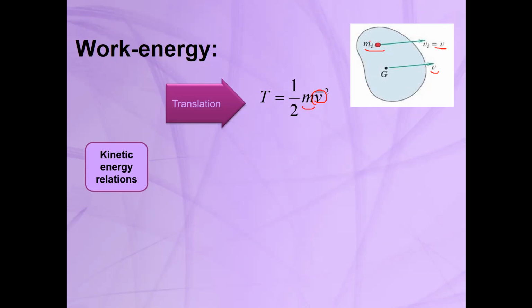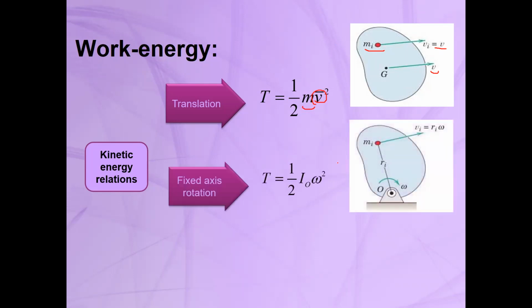So the first case is similar to the particles, but the second case is pure rotational motion or fixed axis rotation. In this case there is no translational motion, and this rigid body, as you can see, is rotating about point O.